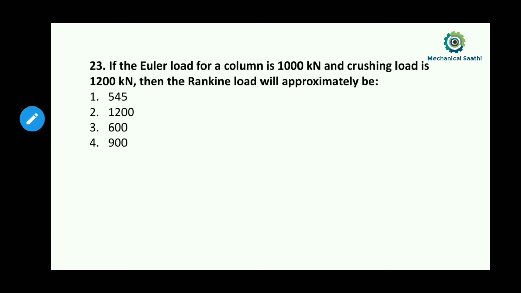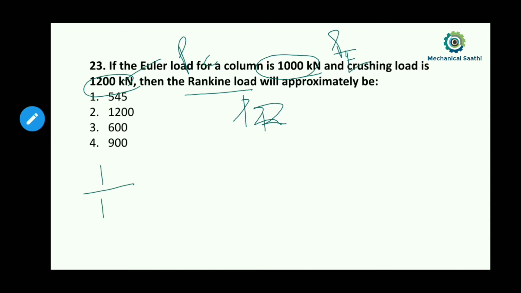If I write the Euler load as PE, the crushing load as PC, and the Rankine load as PR, then from the column theory, 1 by PR is equal to 1 by PC plus 1 by PE.